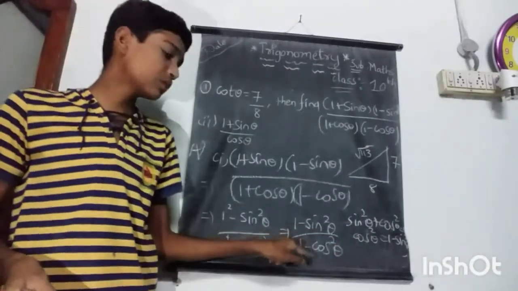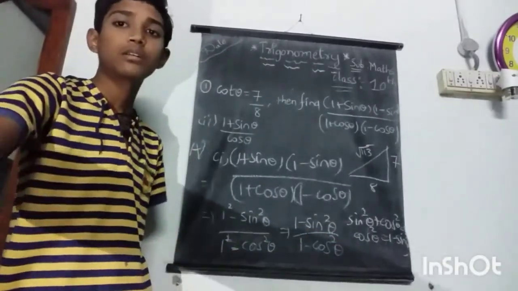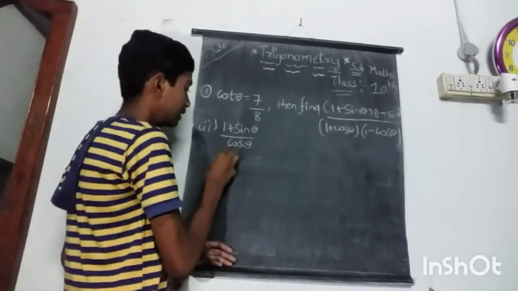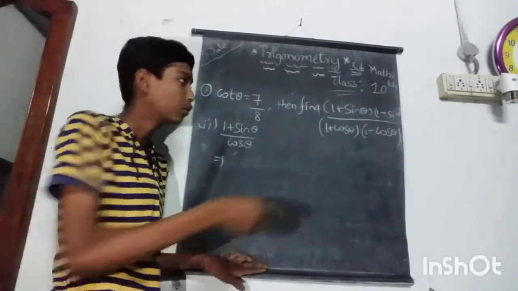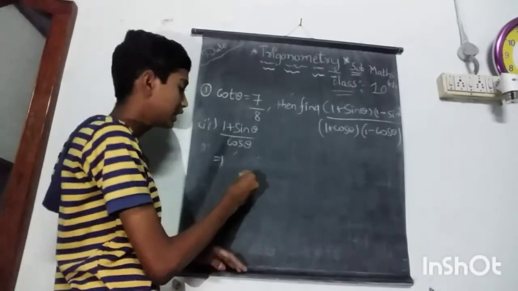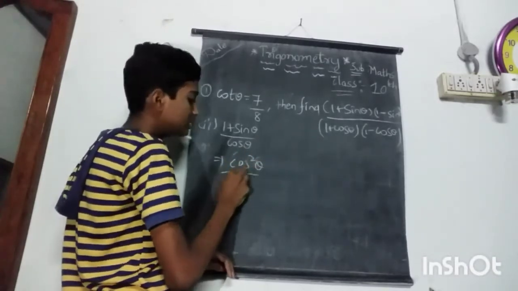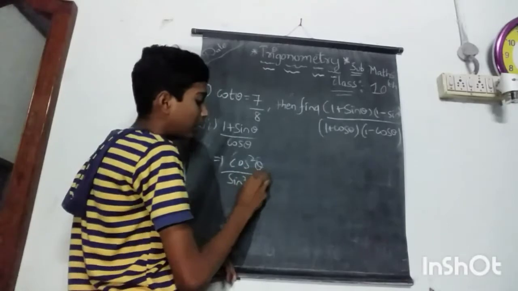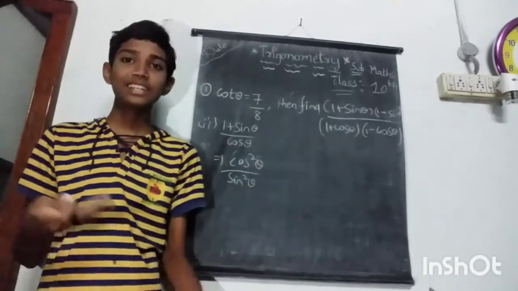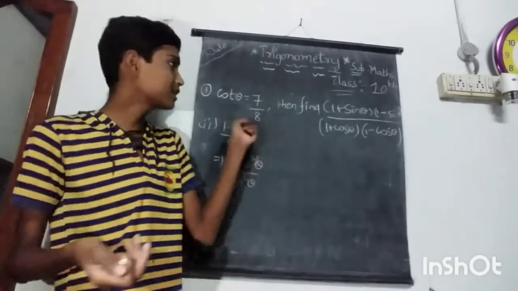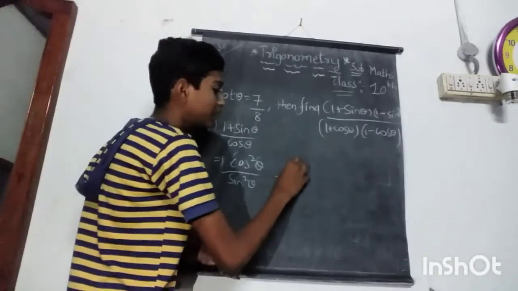And (1 minus sin square theta) by (1 minus cos square theta) implies cos square theta upon sin square theta. What is this result? It becomes, as usual, cot theta, that is cot theta whole square.